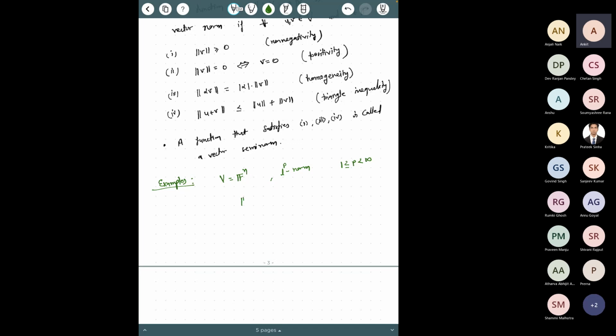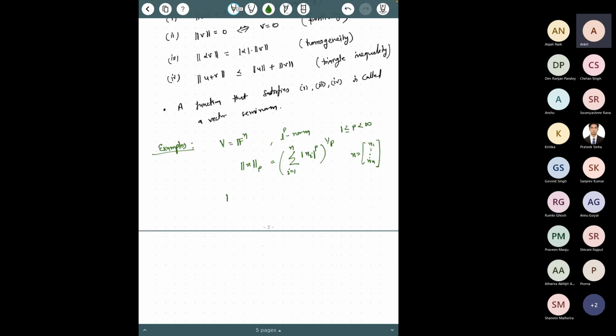If I define this function by this rule, where x is x1 to xn. So when p is greater than or equal to 1 and less than infinity, I define it in this way. And if p is equal to infinity, I define it as just the maximum of the absolute values of all these components xi.